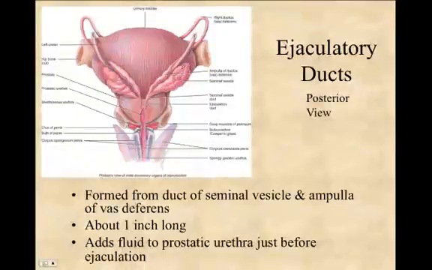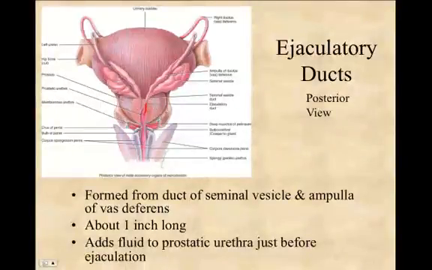Now here are also the seminal vesicles, the ones we just talked about that produce the fructose, the alkaline fluid, and the prostaglandins. It's going to secrete its fluid into the ejaculatory duct as well. So both go into the ejaculatory duct, and then the ejaculatory duct will dump into the urethra here.